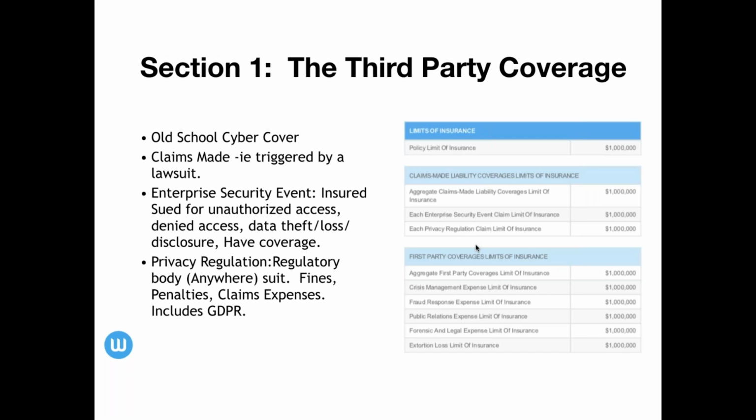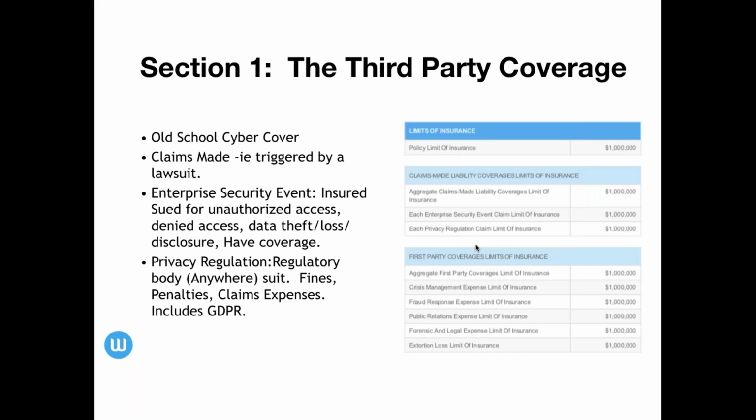So the first thing I can tell you about third-party coverage is it's the backbone of what was historically the only cyber coverage that was offered. And that is the lawsuit-triggered, old school claims-made cyber coverage. It usually falls into one of 2 buckets, and a decent cyber policy is going to have express coverage for both of these things.